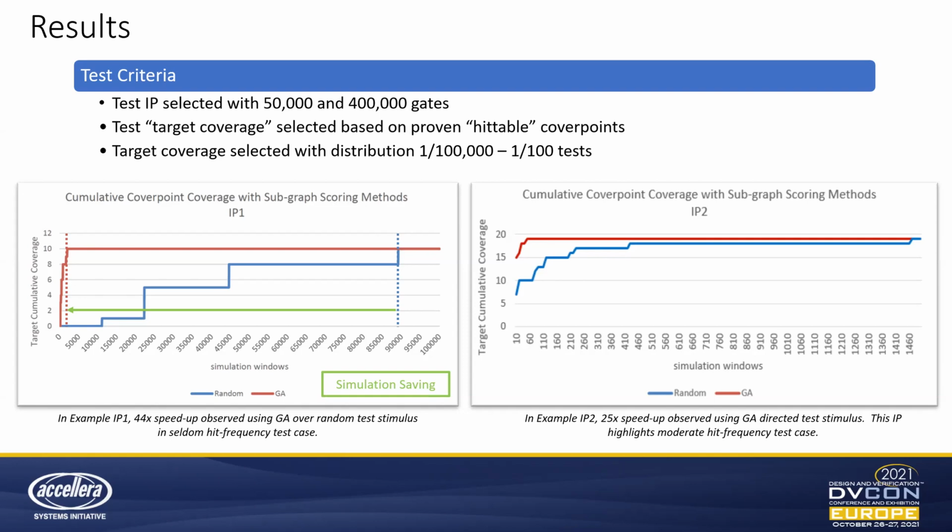And presented in the red line, the GA can be seen to hit initial coverage faster and reduce the effort to hit the hardest bit, or the last 10% of coverage, as seen here with a 25x simulation saving. So these results on real-world IP illustrate the ability of this methodology to reduce redundancy in random testing and achieve significant savings for these coverage goals.